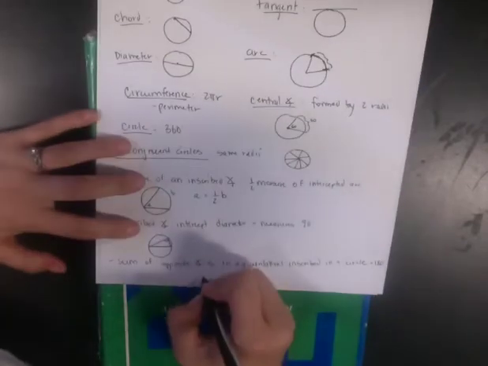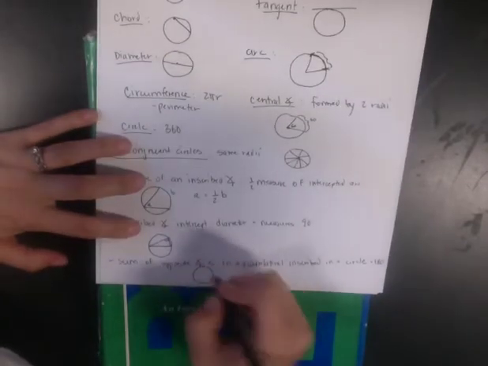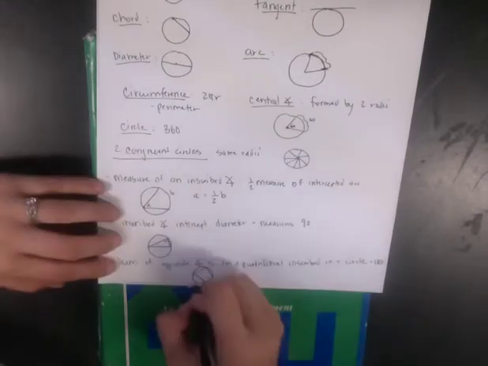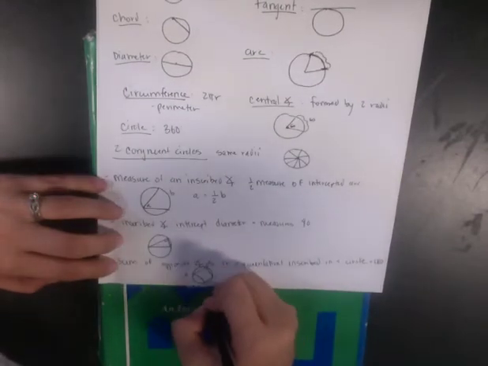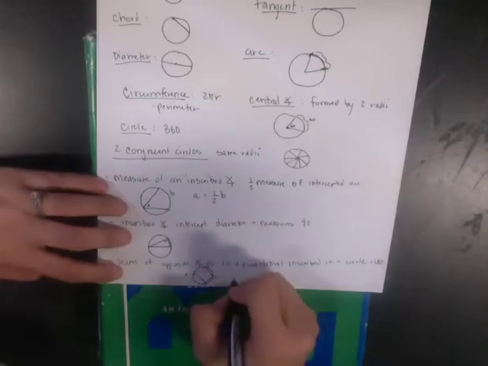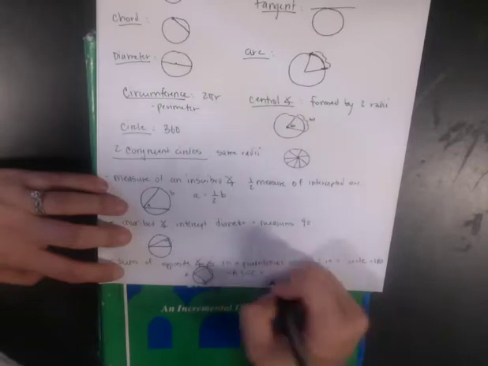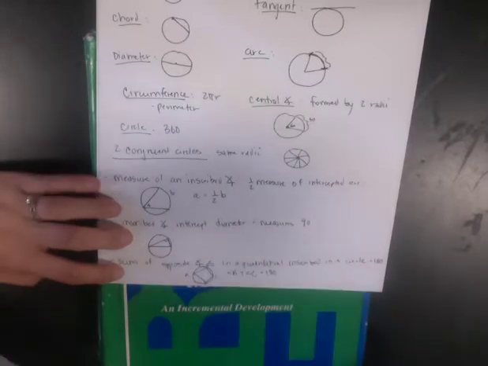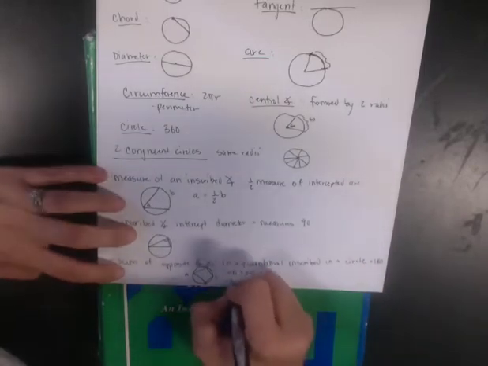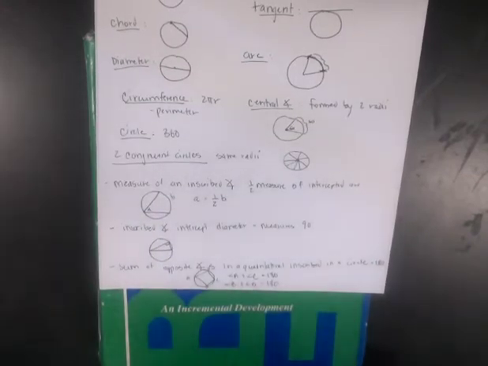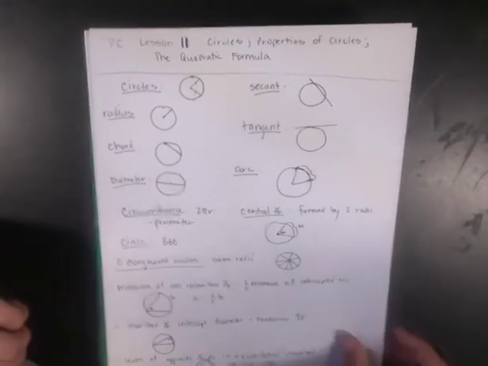So, if I have a circle and I have a quadrilateral inscribed in my circle, a quadrilateral is something with 4 sides. If I said this was A, B, C, and D, then I know that angle A plus angle C adds up to be 180. Likewise, angle B plus angle D adds up to equal 180. Okay? So, let's jump into an example.